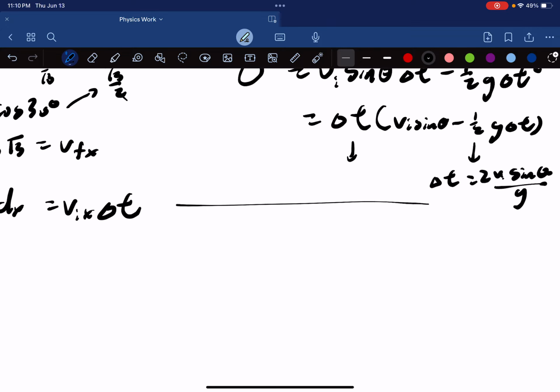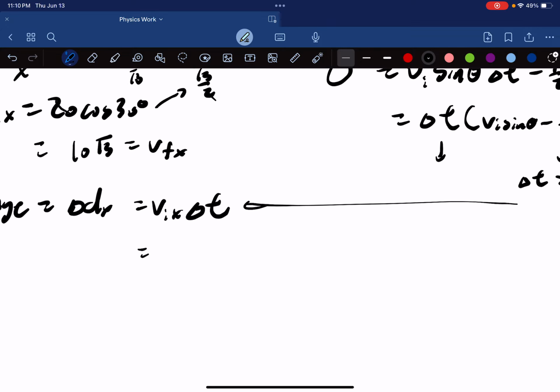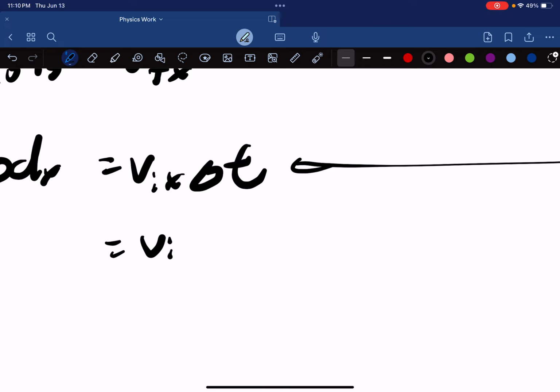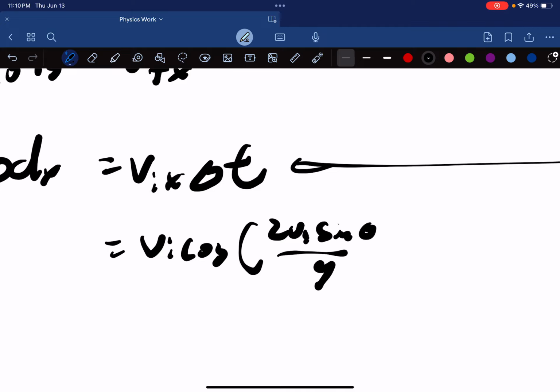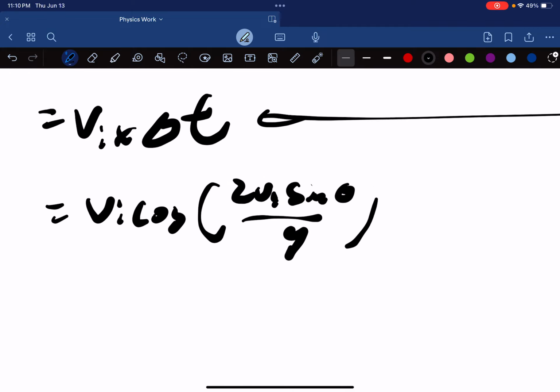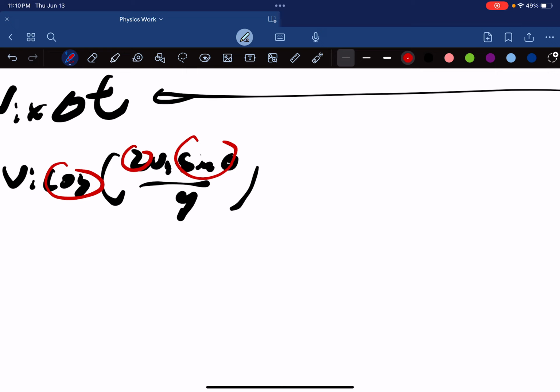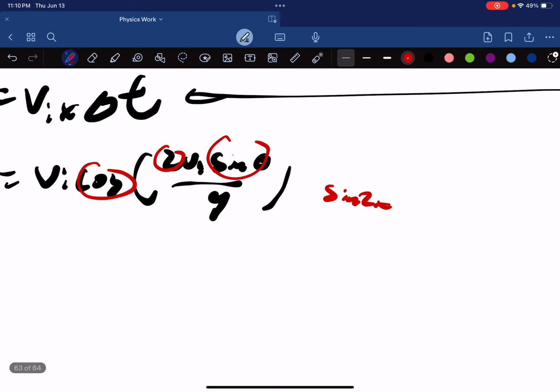We can plug this inside here, which then equals Vi cos theta times 2 Vi sine theta over g. And then we can use the trig identity, which is 2 cos sine equals sine 2 theta.